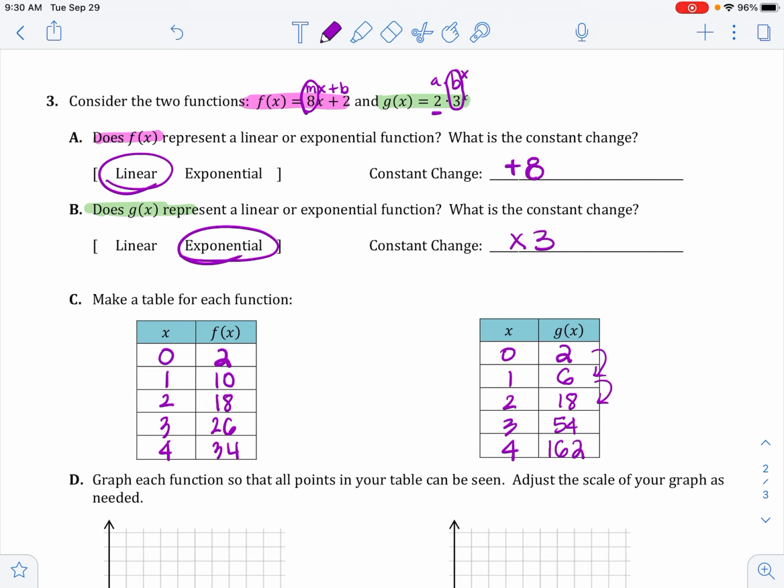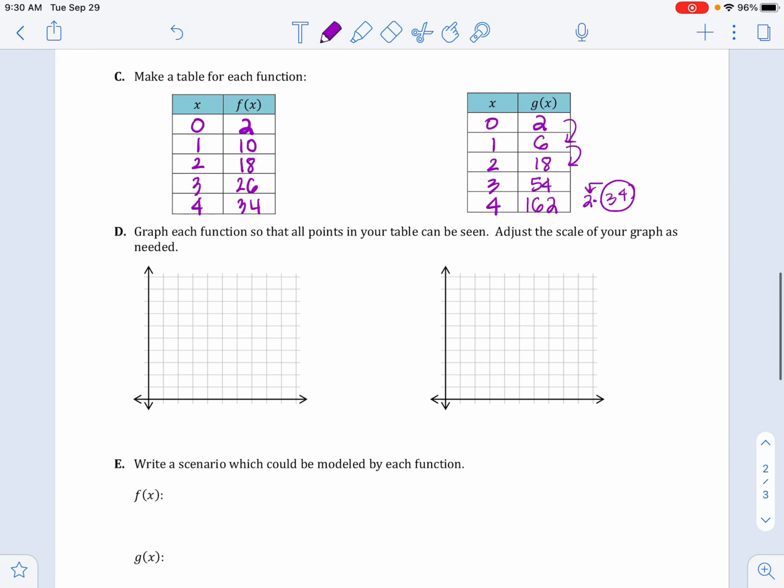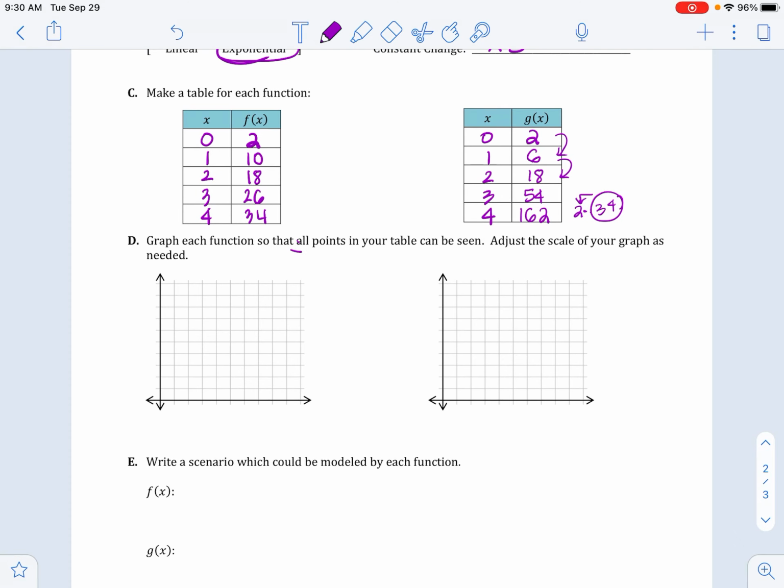Once again, remember, I could have said, all right, what's 2 times 3 to the 4th power? Put this in my calculator first, and then multiply it by 2. Either one is fine.